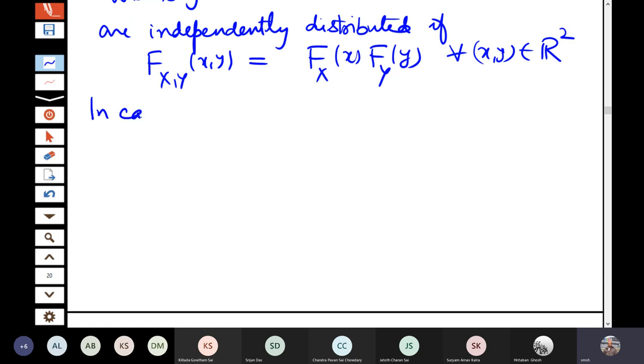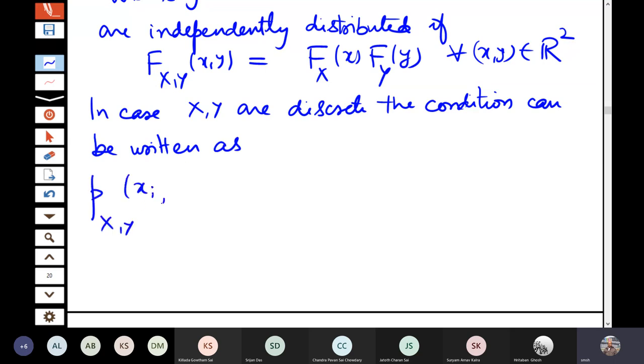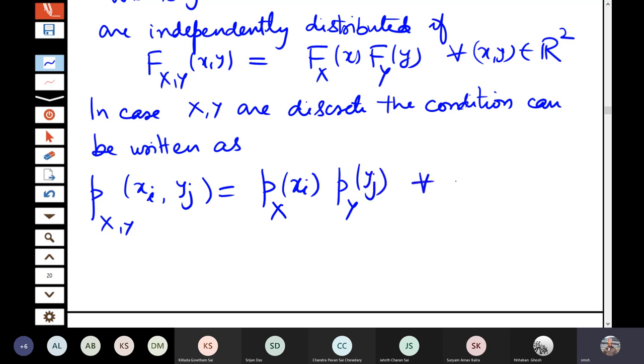In case x, y are discrete, the condition can be written as Pxy is equal to Px(xi) Py(yj) for all xi, yj.